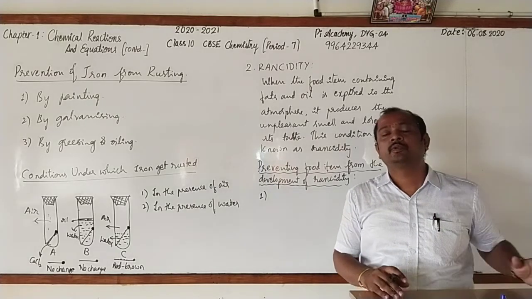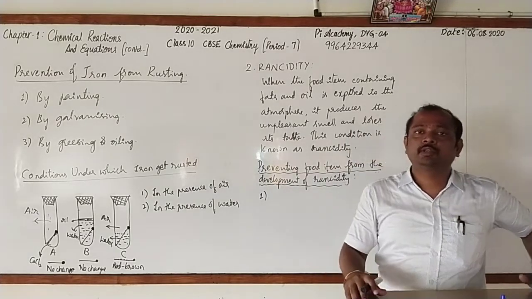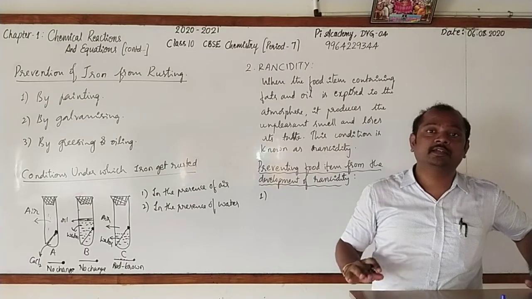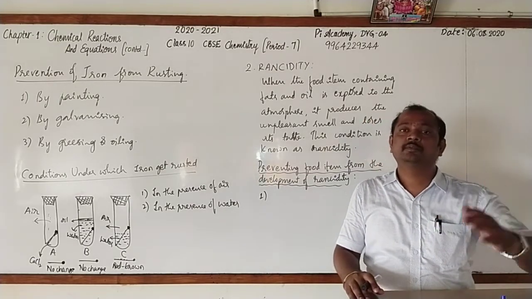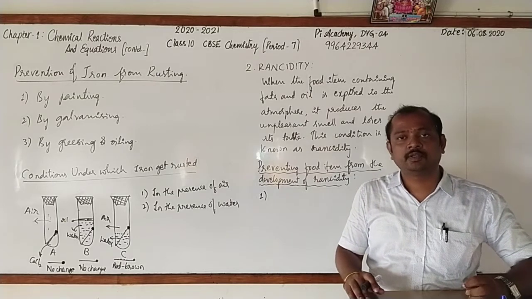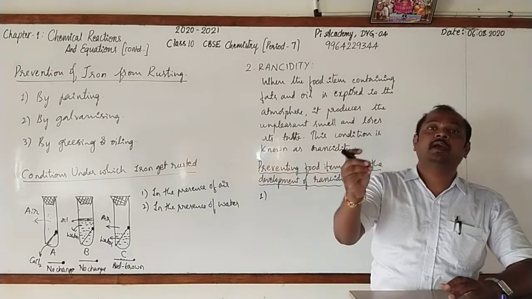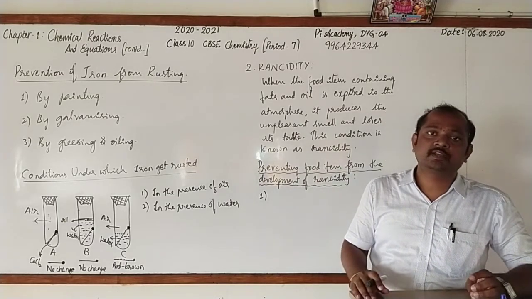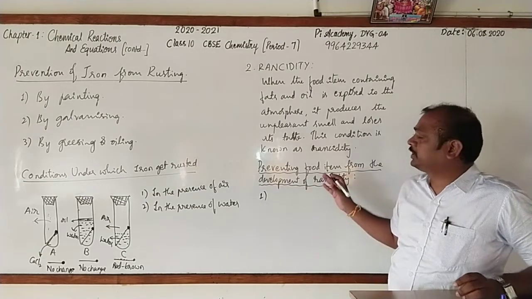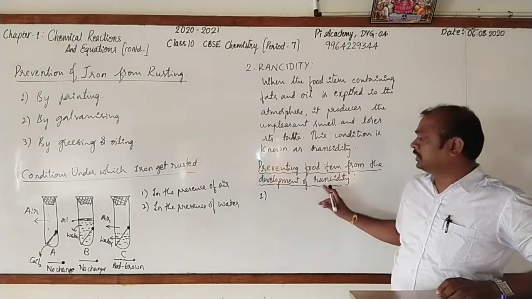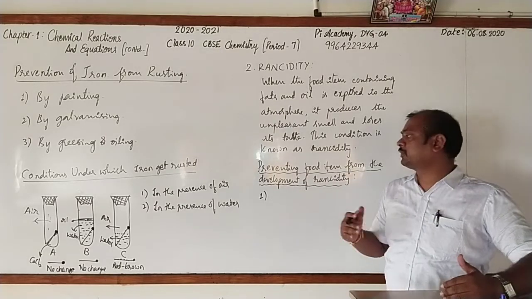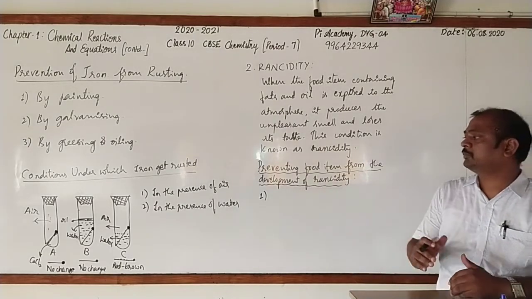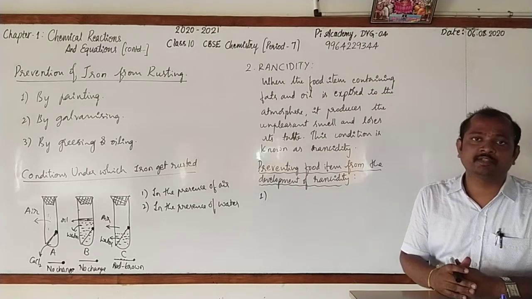And we also store the food items in airtight containers, and keep the food items in the refrigerator. Even by adding antioxidants, we can prevent the food items from developing rancidity. So these are the ways we can prevent the food from developing rancidity.